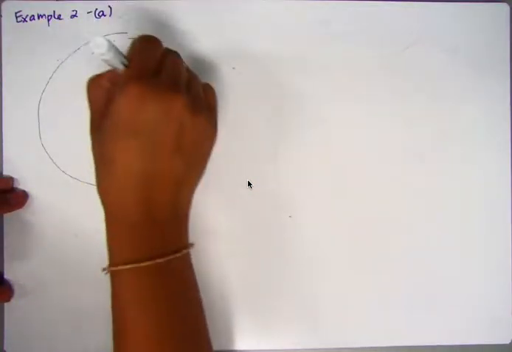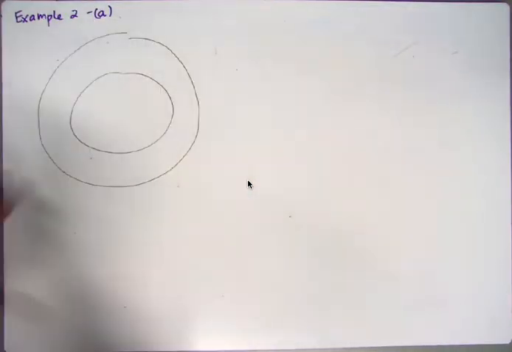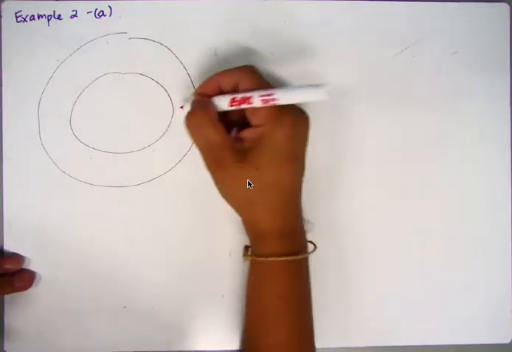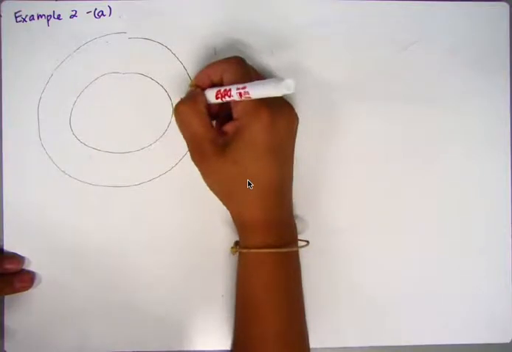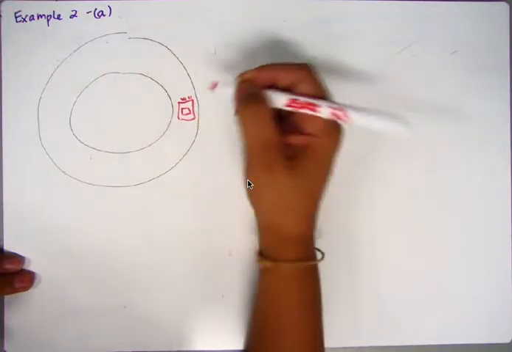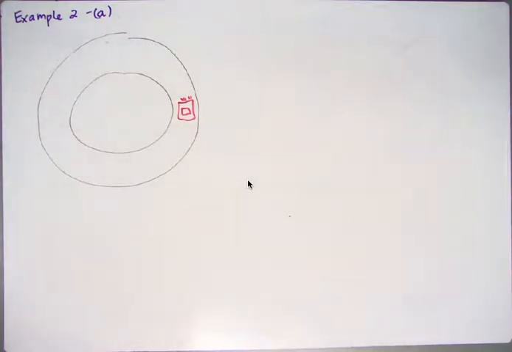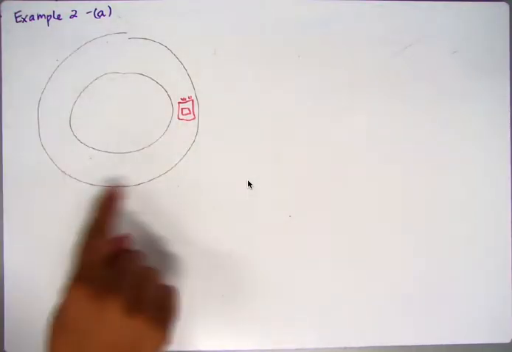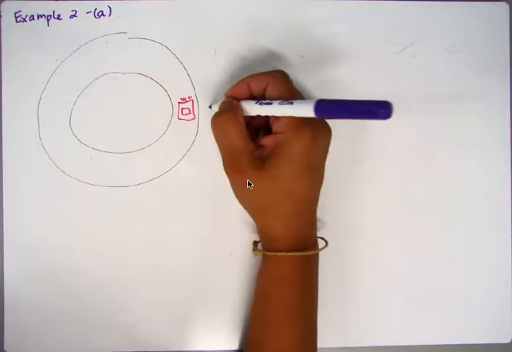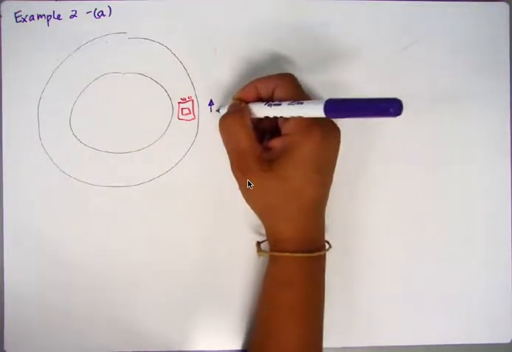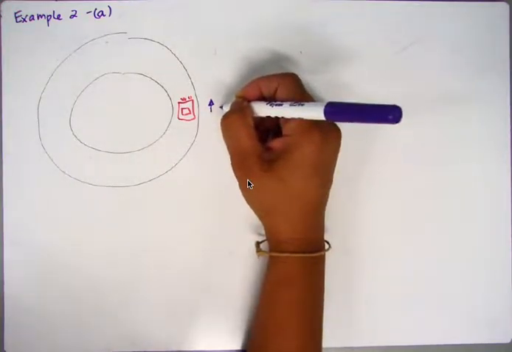So here's some circular road. For whatever reason, this car is on some circular path and it's going around. Here's the car itself. Again, I'm going to draw it from the top. This is a situation where we kind of need to draw 3 dimensions, so I'm going to show the whole circle. I know that at this instant the car is moving at a speed of 20 meters per second.